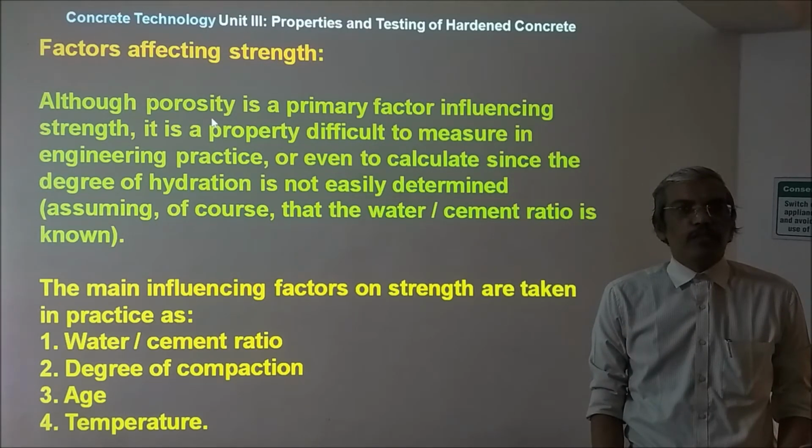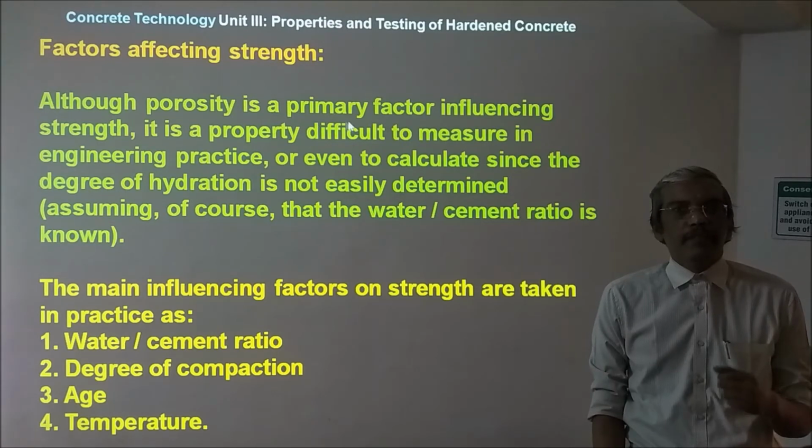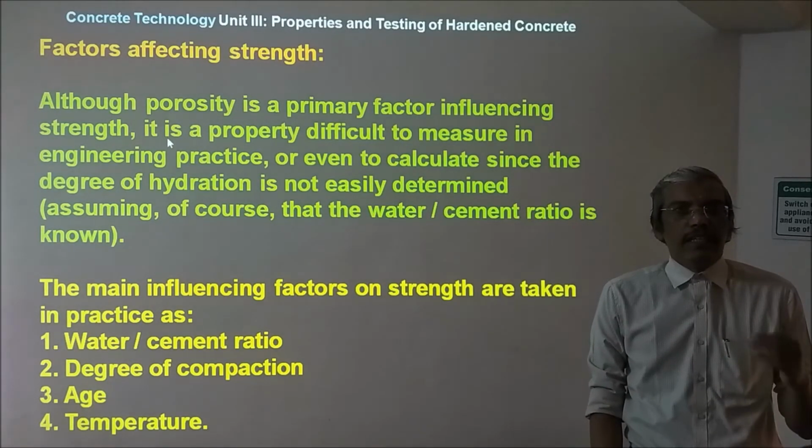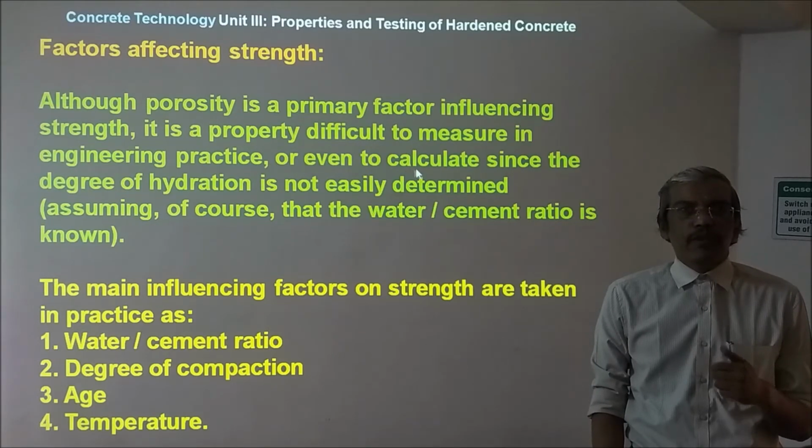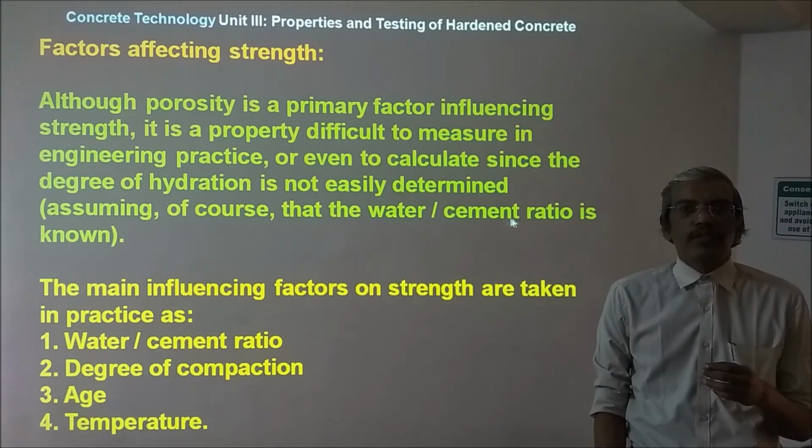Although porosity is a primary factor influencing the strength, it is a property difficult to measure in engineering practice or even to calculate, since the degree of hydration is not easily determined, assuming of course that the water cement ratio is known.